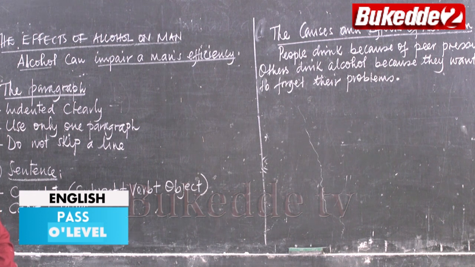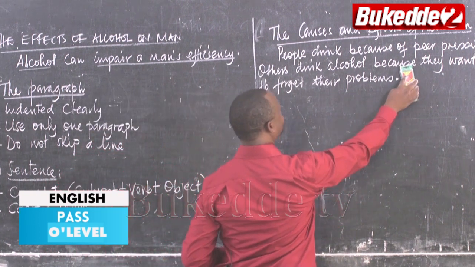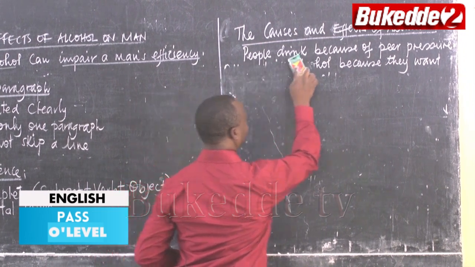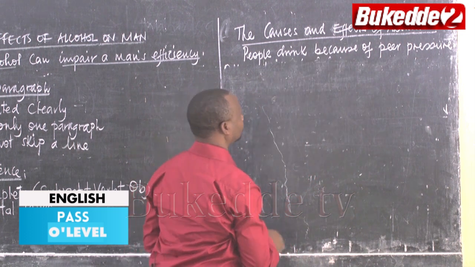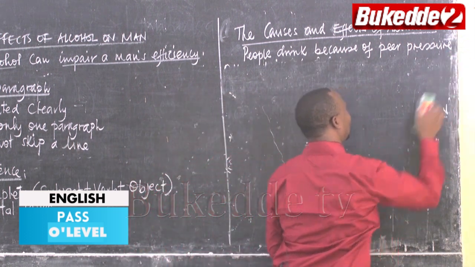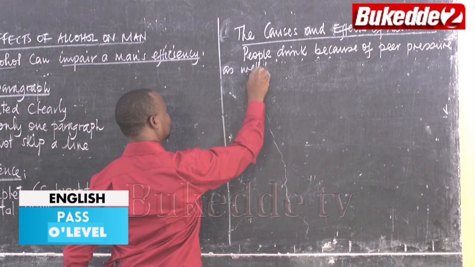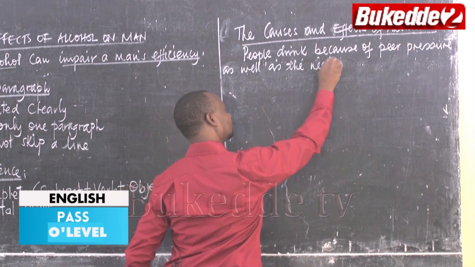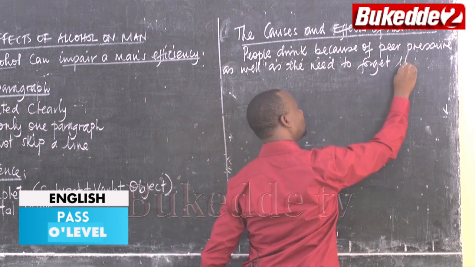But there are times when you have more than one point. You want to integrate the two points. And therefore, you will say, people drink because of peer pressure, as well as the need to forget their problems.